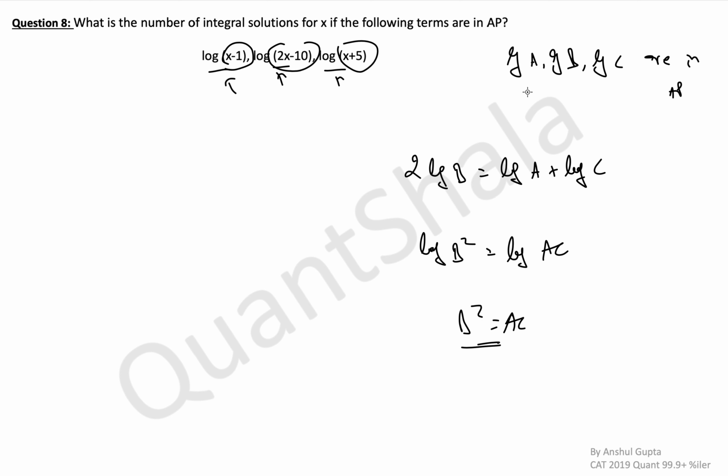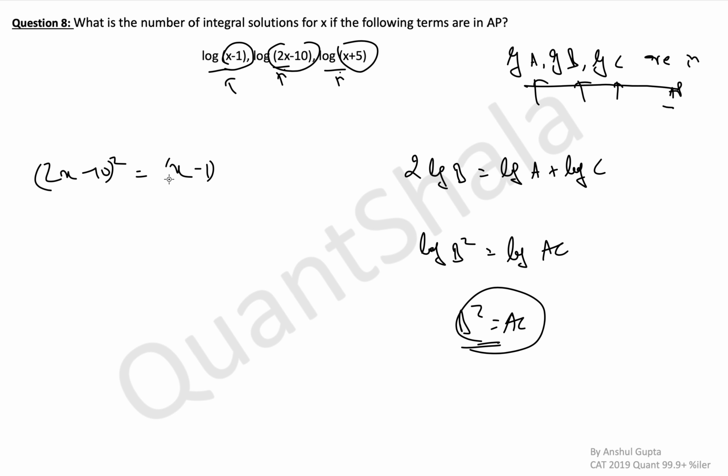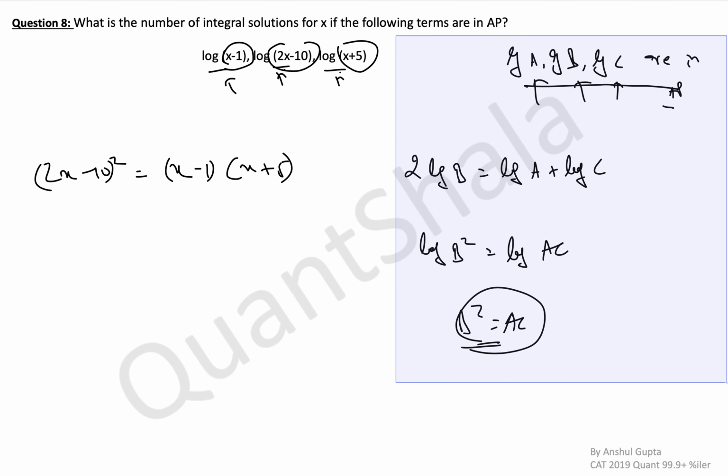So if any three logarithmic terms are in AP, the values within the log are in GP. This means x minus 1, 2x minus 10, x plus 5 are in GP. So we'll get 2x minus 10 whole square is equal to x minus 1 into x plus 5. I'll erase this first of all so that we get more space.